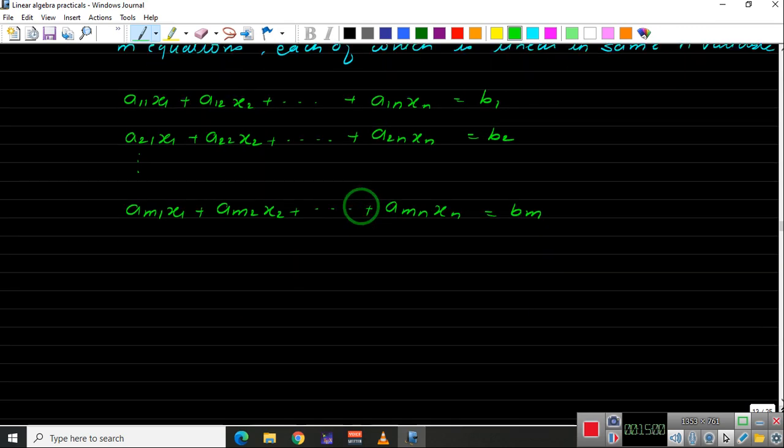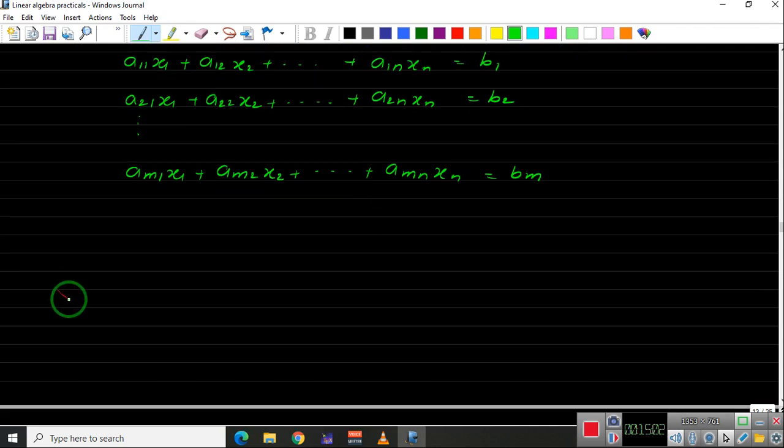Okay, for example, you might have studied in your 10th or 12th standard, or maybe high school level. We have, say, 3x1 plus 2x2 is equal to 3, and the second equation, say minus x1 plus x2 is equal to 4.